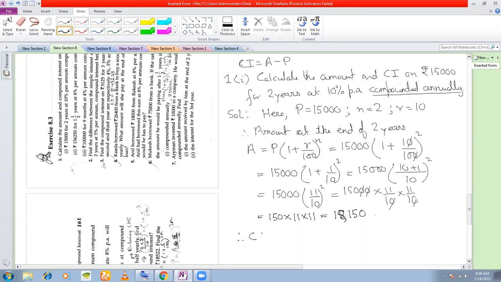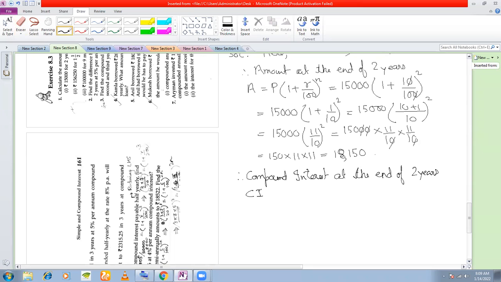So therefore, compound interest at the end of 2 years: CI is equal to A minus P, which is 18,150 minus the initial principal 15,000.